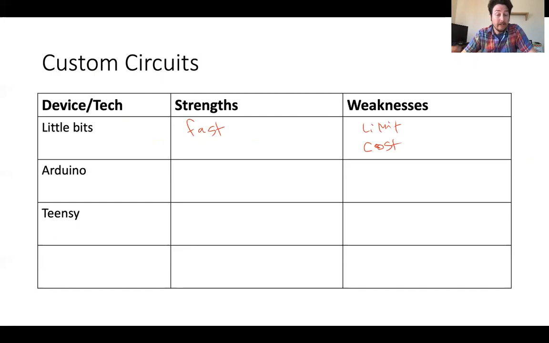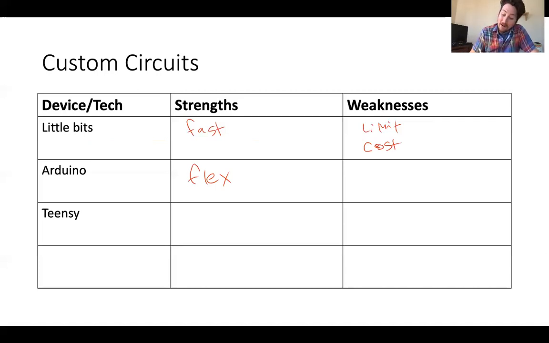If you're going to spend $300 on a controller, you might want to just buy a finished working controller versus buying $300 of Little Bits. That might get you a rudimentary controller that could work for you, but it could also just fall apart. It's magnets.